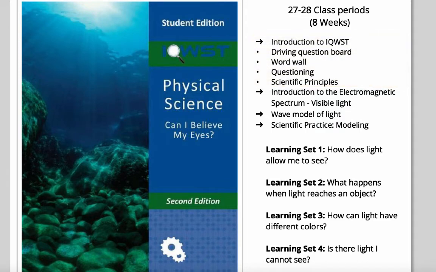But then the science concepts that are being used in this unit are basically an introduction to the electromagnetic spectrum and primarily through visible light.